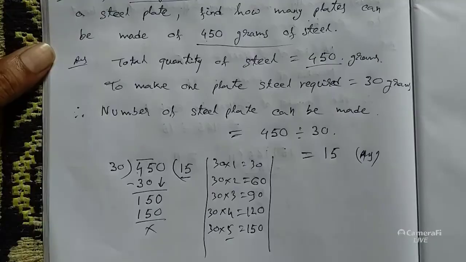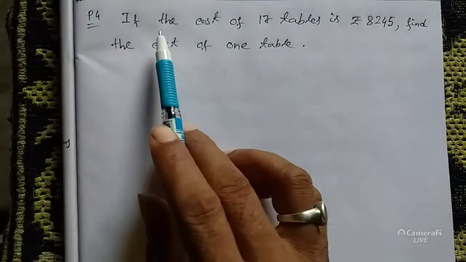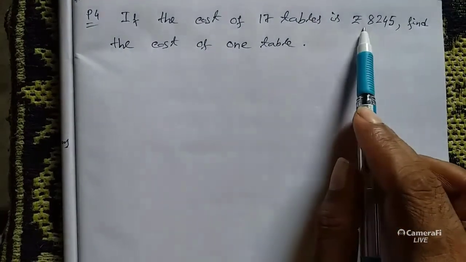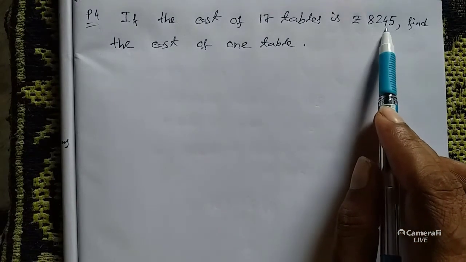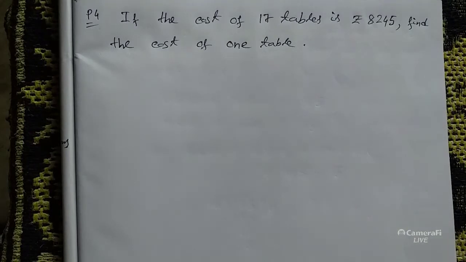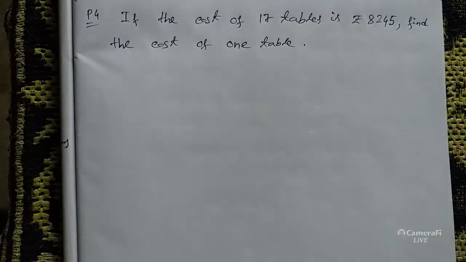Okay. Now coming to the next problem. Problem number 4. If the cost of 17 tables is rupees 8,245, find the cost of one table. So here the number of tables is 17 and the total cost is rupees 8,245.